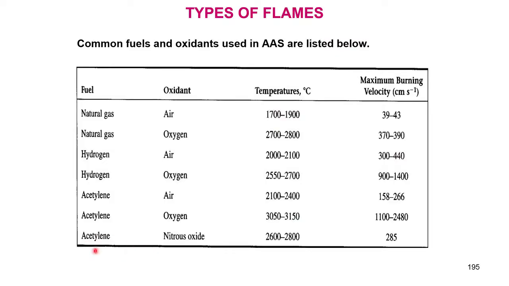Now, acetylene nitrous oxide is again a very good combination. You can look at the slide now. The acetylene and nitrous oxide gives you 2600 to 2800 degree centigrade, and this is good enough for several refractory elements. I want you to remember that.